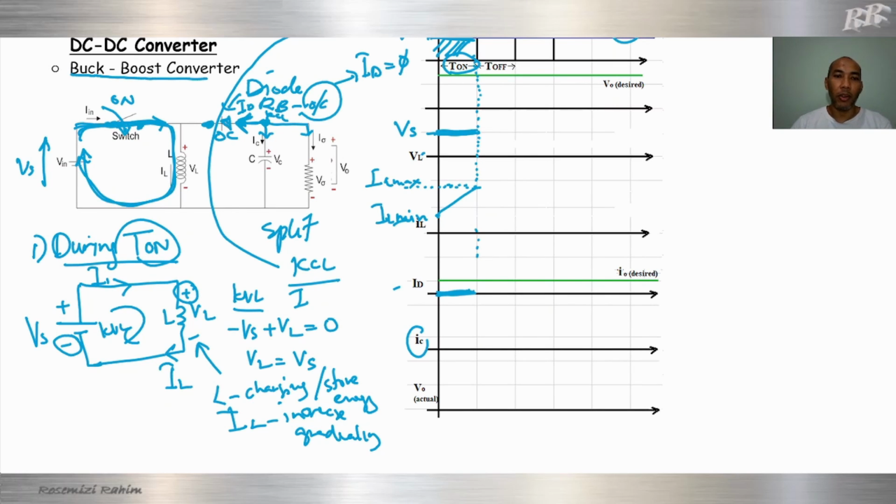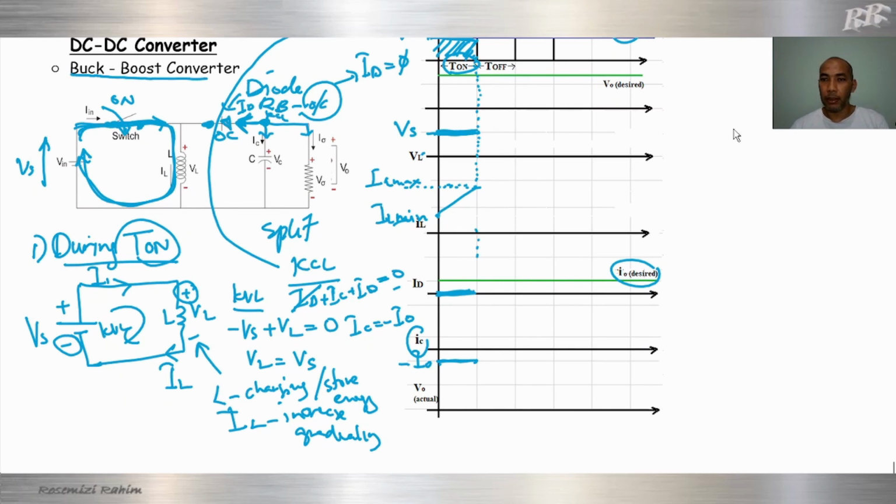All the current goes out from this point, so ID plus IC plus Io equals 0. ID is 0 due to the open circuit, so IC will be equal to minus Io, where Io is the desired current. So IC will be negative Io. That is during switch on.